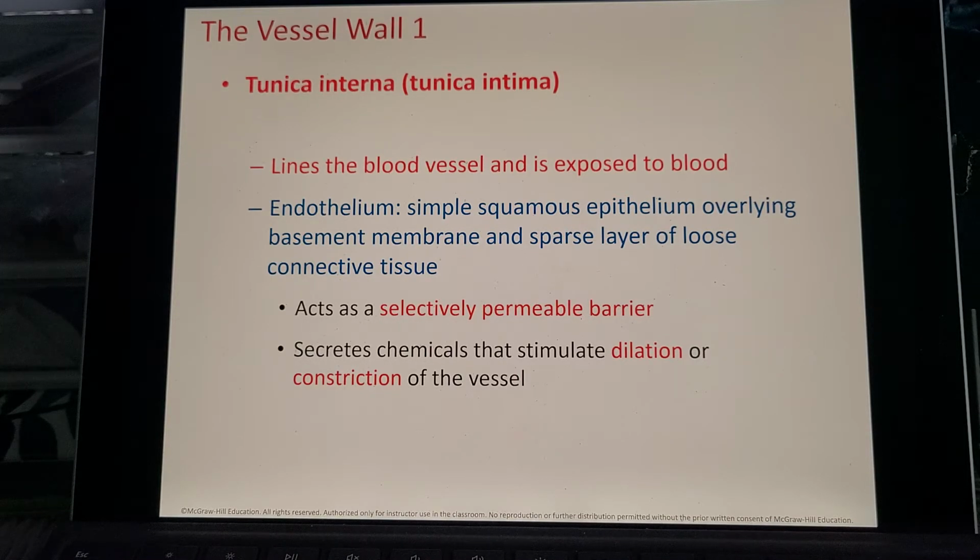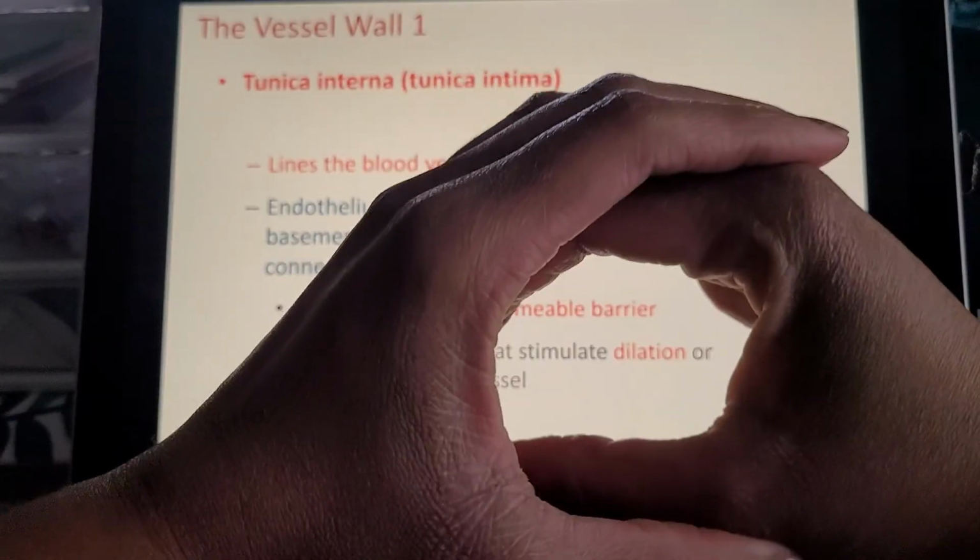With this being the layer where we have our blood on the inside, it allows for the exchange of nutrients and waste. So it works as a selectively permeable barrier. For example, with those endothelial cells, there are some gaps in them, and that allows some of your nutrients to get out, but not, for example, your larger blood cells. This internal lining can also secrete chemicals to stimulate dilation or constriction of the vessel, adjusting the size of the vessel: dilate to make it larger, constrict to make it smaller.